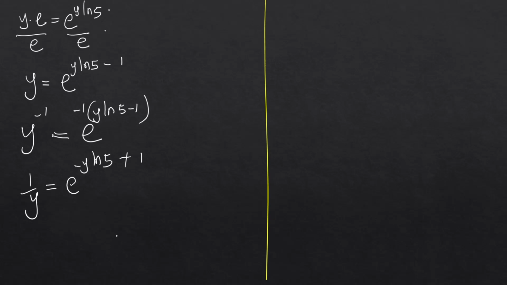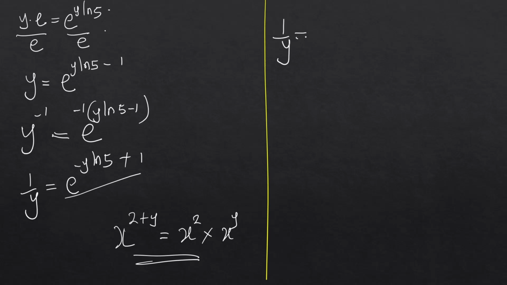Now remember, if I have x raised to power 2 plus y, it's the same as saying x raised to power 2 times x raised to power y. So I will apply it in this one. I'm going to have 1 over y is going to be equal to e raised to power minus y ln 5 times e raised to power 1.